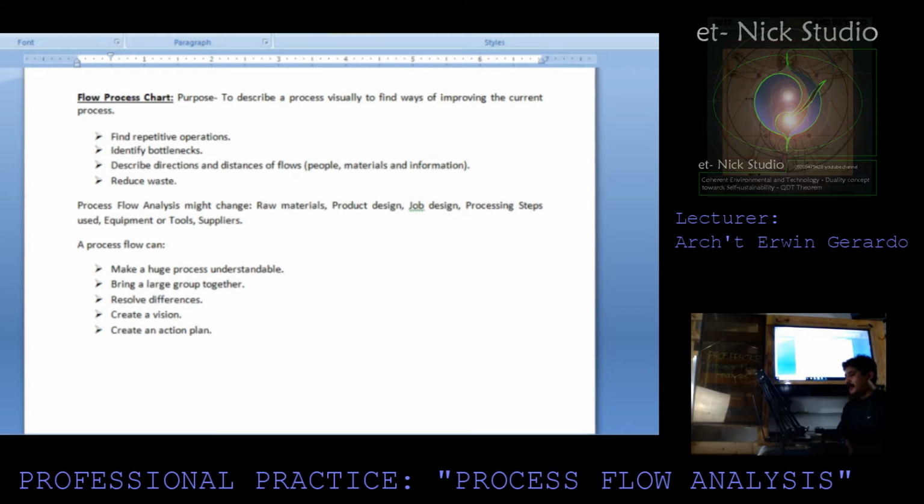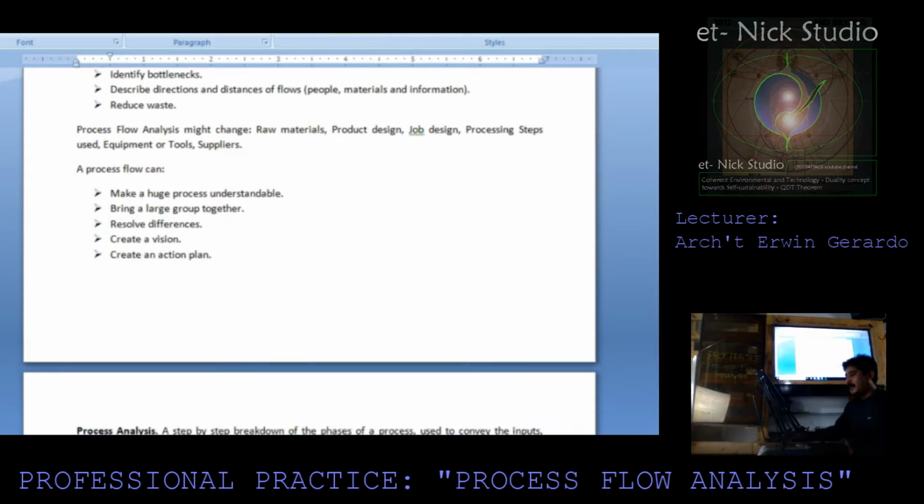You need to describe directions and distances of flows, people, material, and information. Reduce waste. Process flow analysis might change raw materials, product design, job design, processing steps used, equipment or tools, suppliers.